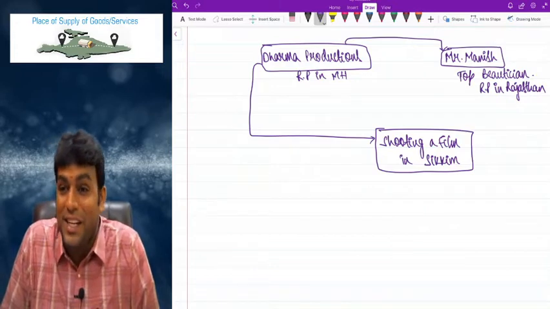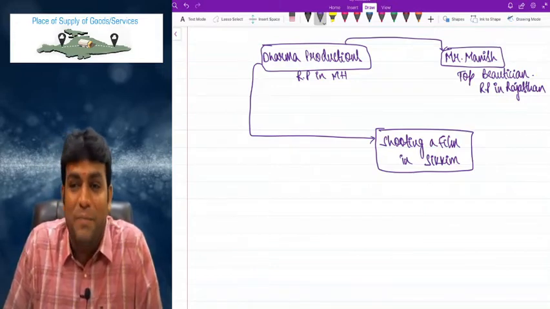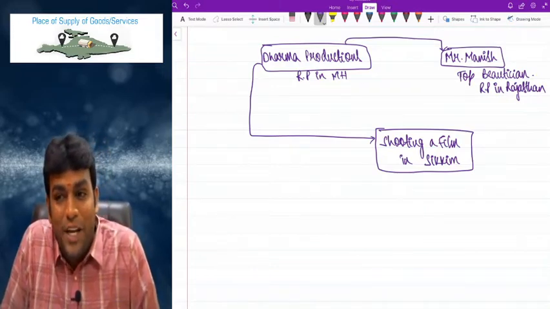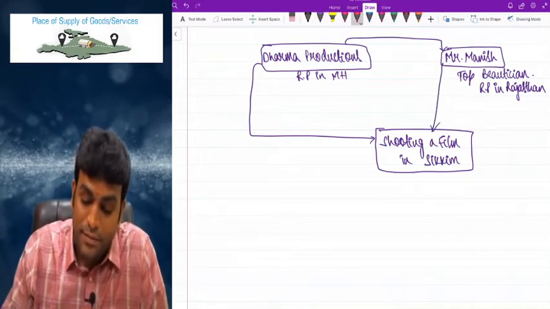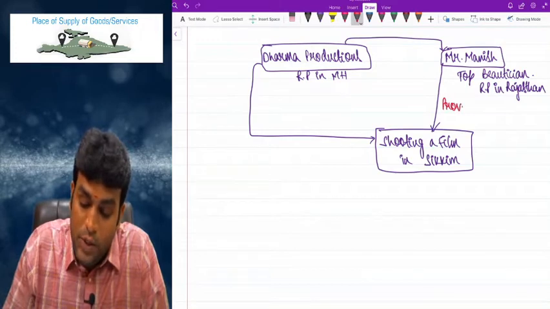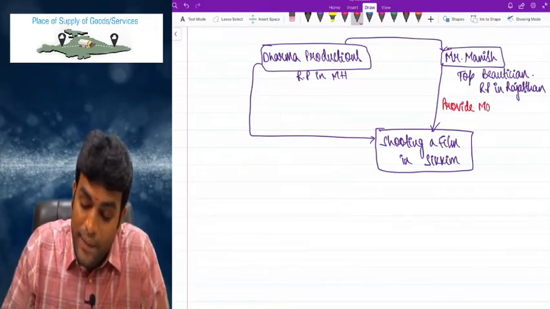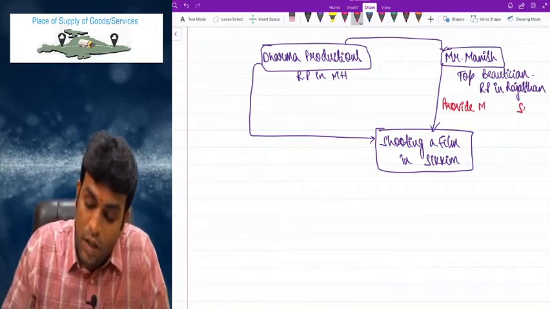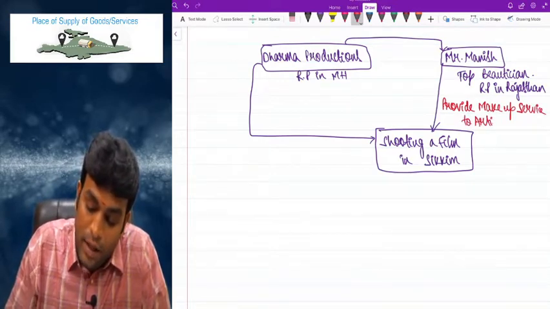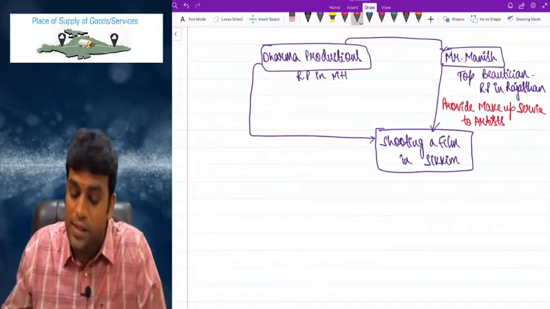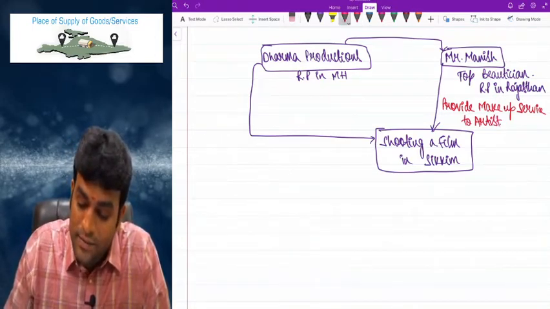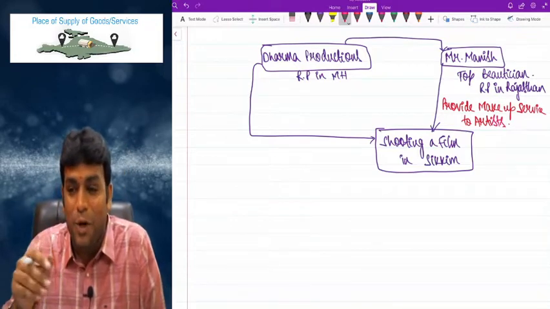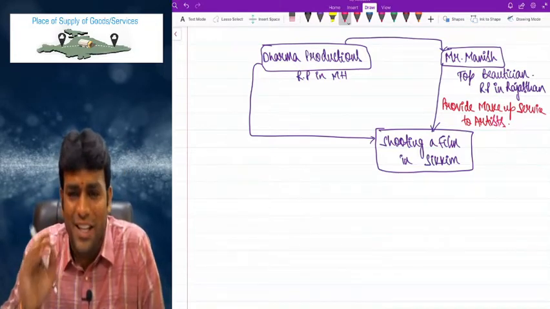Mr. Manish is a top beautician and is the registered person in Rajasthan. So Dharma Productions contacted Mr. Manish and told him to come to Sikkim to provide makeup service to artists, maybe heroes and heroines, or any side actors, whatever it is. Let's not go into detail about what kind of movie it is. Forget it. Let's focus on the concept.